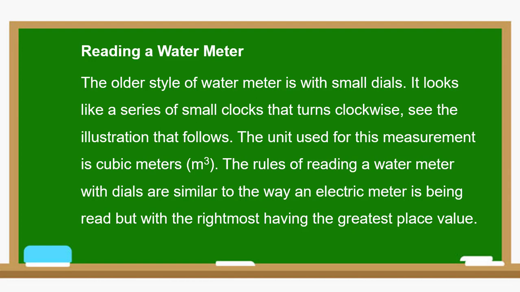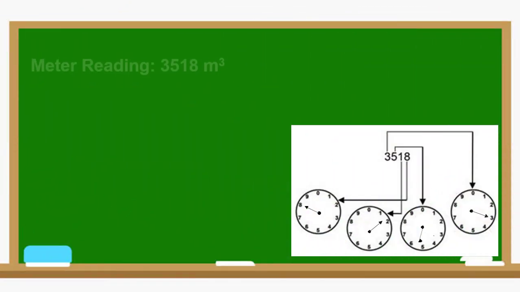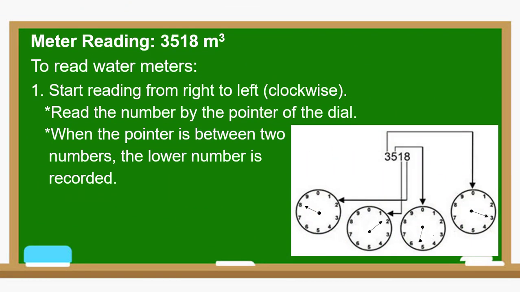The rules of reading a water meter with dials are similar to the way an electric meter is being read, but with the rightmost having the greatest place value. Meter reading: 3,518 meter cube.